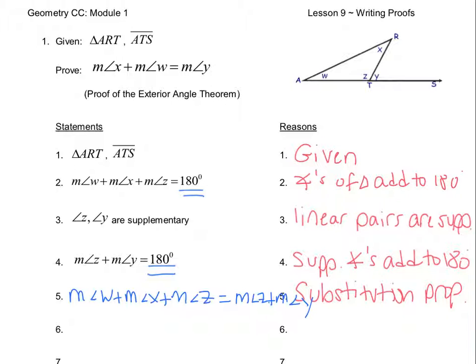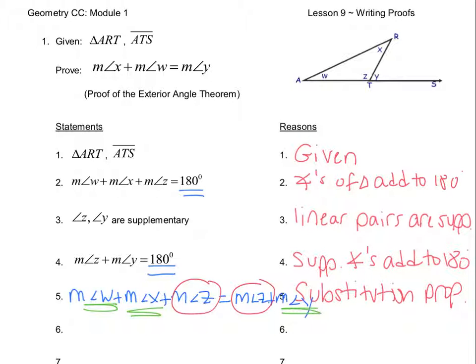So let's look at what we have and what we're trying to prove. We're trying to prove that X plus W equals Y. We'd like to get rid of these two Z's. If we could get rid of these two, then we'd have what we need.